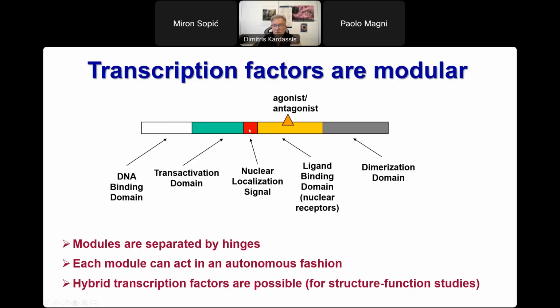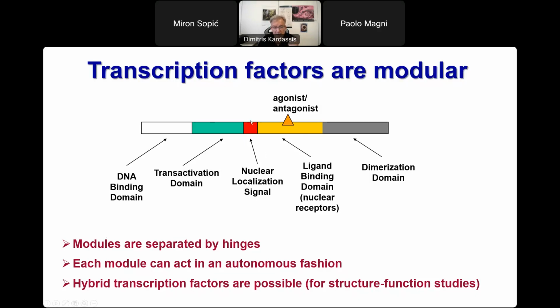Nuclear localization is a region which is important for the transport of the factor after its synthesis to the nucleus. A ligand binding domain in certain transcription factors is important for binding of ligands, such as in nuclear receptors, and a dimerization domain for cases where transcription factors act in dimers.